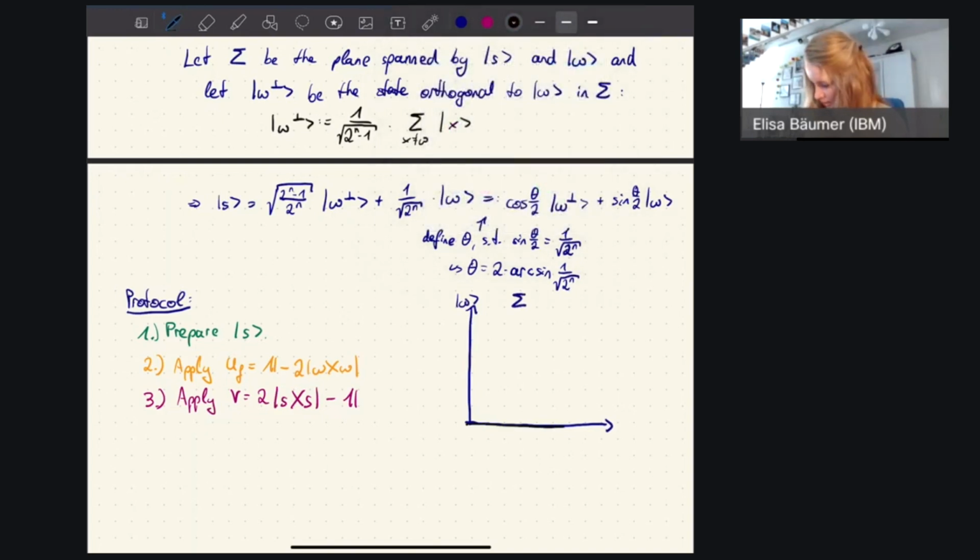So this would then be our state W orthogonal in the plane sigma, orthogonal to W. If we prepare in the first step the state S, this will be quite close to W orthogonal. We know that this angle here is theta over 2. From the definition of S, it's cosine of theta over 2 times W orthogonal plus sine of theta over 2 times W. So you can just plot it here.